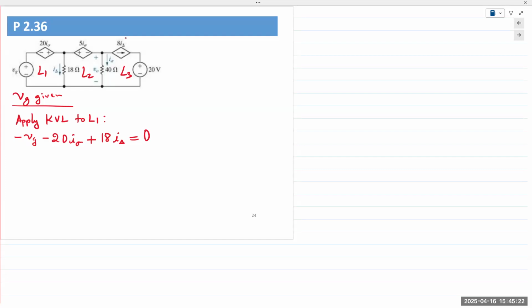So if we solve for this, VG is given at my end in the problem. I think it's 20 volts or 50 volts. And then I can write this as some constant times I sigma is equal to some constant times I delta.